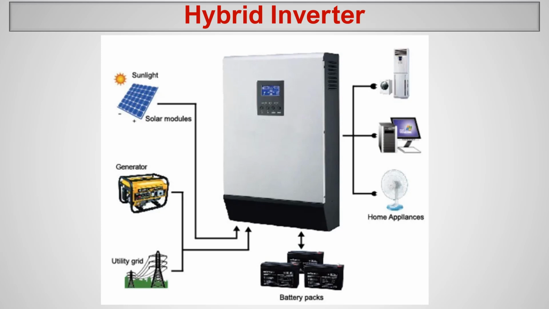Another characteristic is that a hybrid inverter can accept current flow from two sources. A normal inverter cannot accept current flow from two sources. It accepts only one source. But a hybrid inverter is a smart inverter which can do multiple functions. So we will go into detail on each and everything.